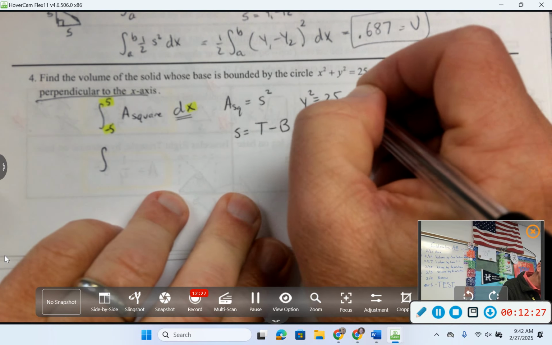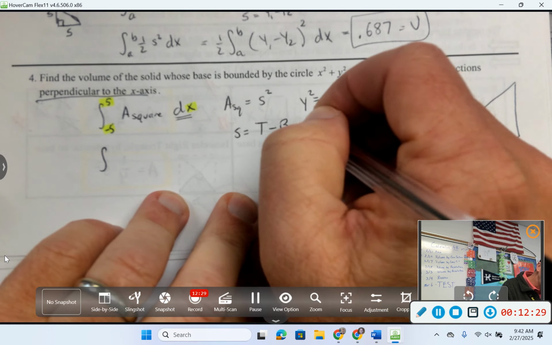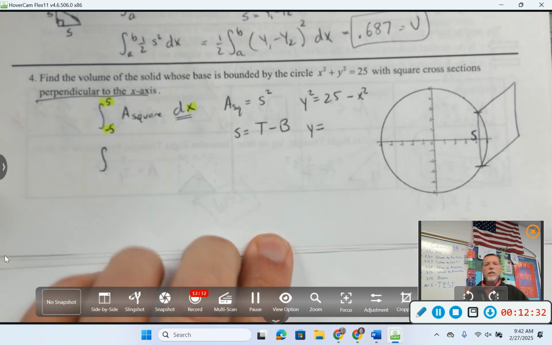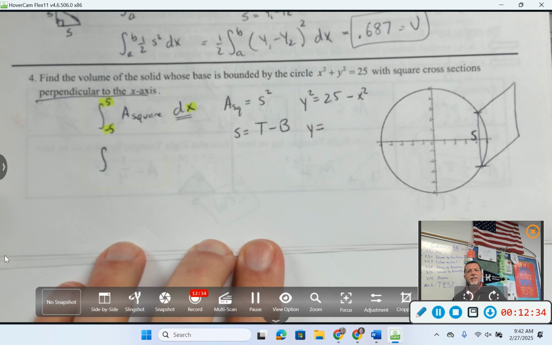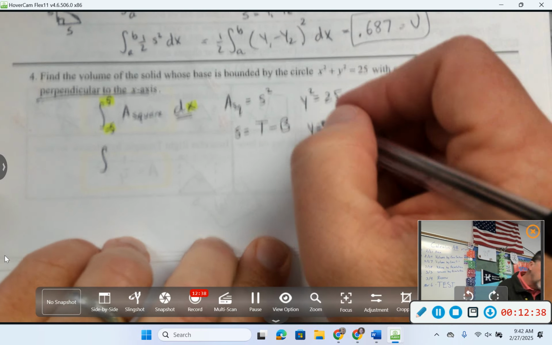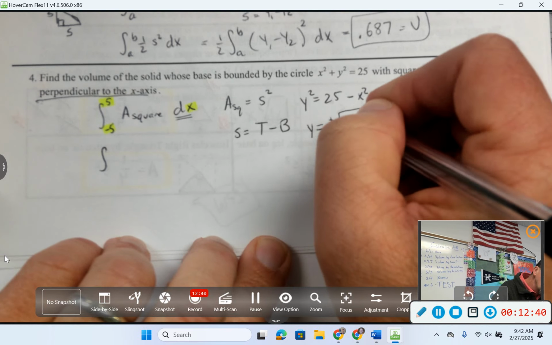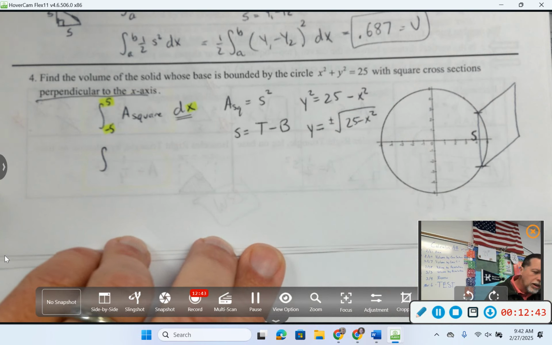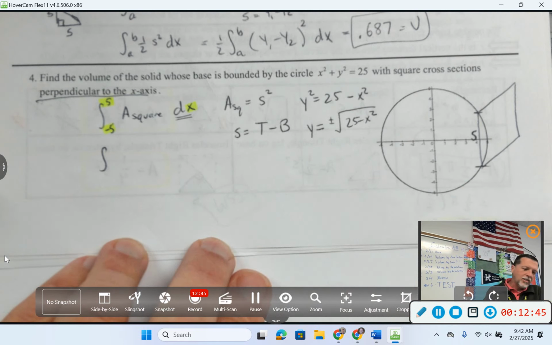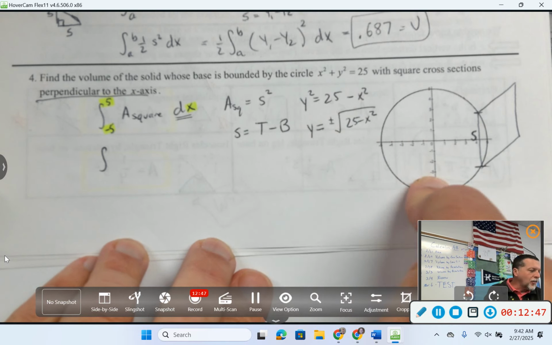y squared equals 25 minus x squared. What happens when I take the square root? Plus or minus. Square root of 25 minus x squared. And so how do you make sense of this plus or minus and this graph?